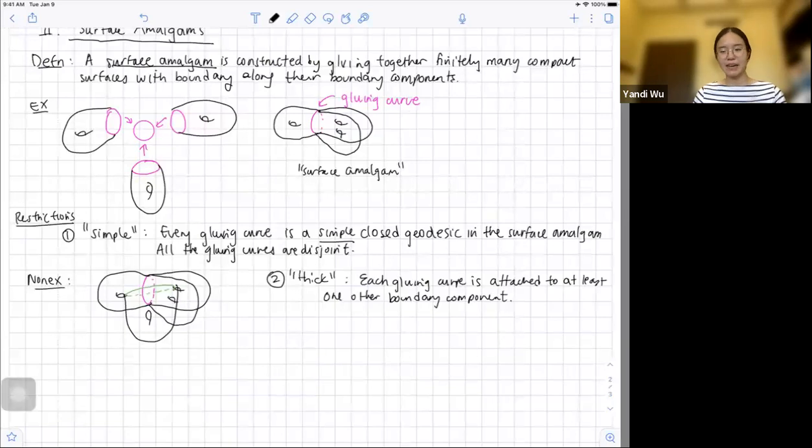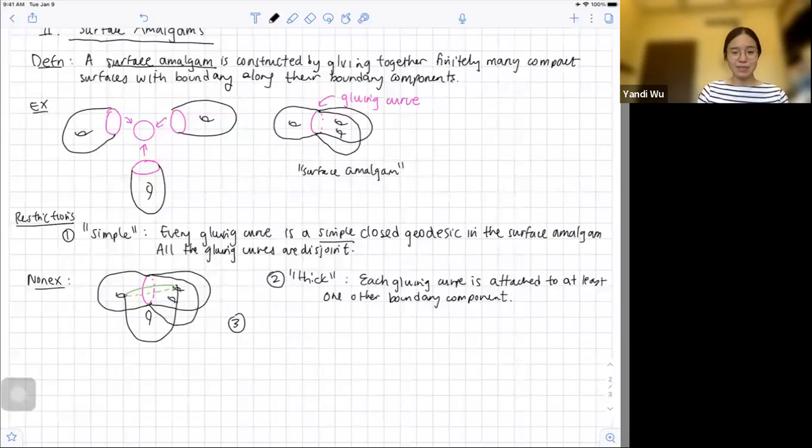So you don't really have objects with boundary, because as you noticed before, all the marked length spectrum rigidity results were for closed surfaces and closed manifolds. I really want the object that I'm working with to be boundaryless, so that's the reason for this assumption. I guess you could replace thick with boundaryless. I'm just borrowing terminology from Jean-François Lafont here.